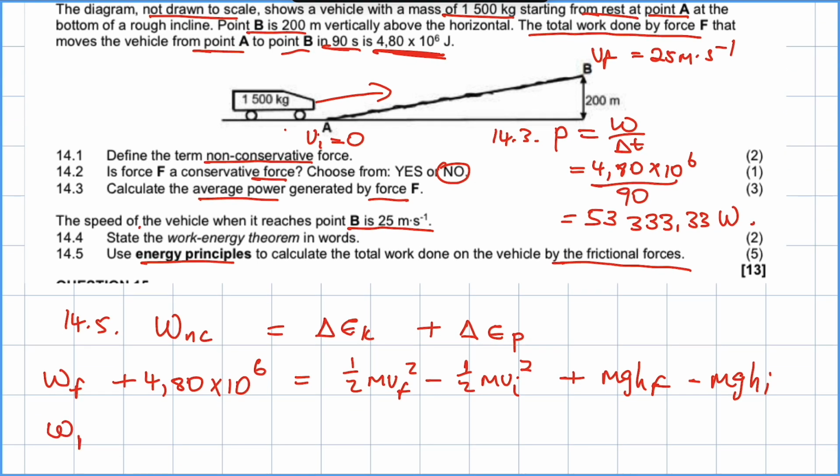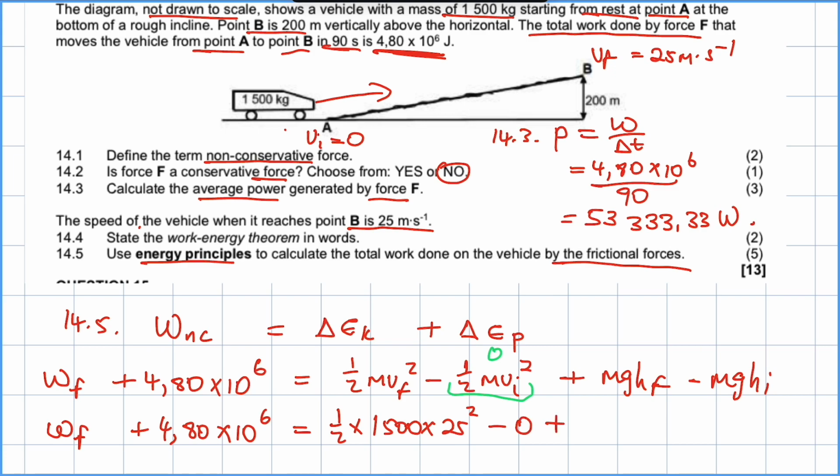So we have W_F plus 4.80 times 10 to the power 6 is equal to half times the mass, which is 1,500, multiplied by final velocity, 25 squared. Since initial velocity is 0, this is just going to be minus 0.